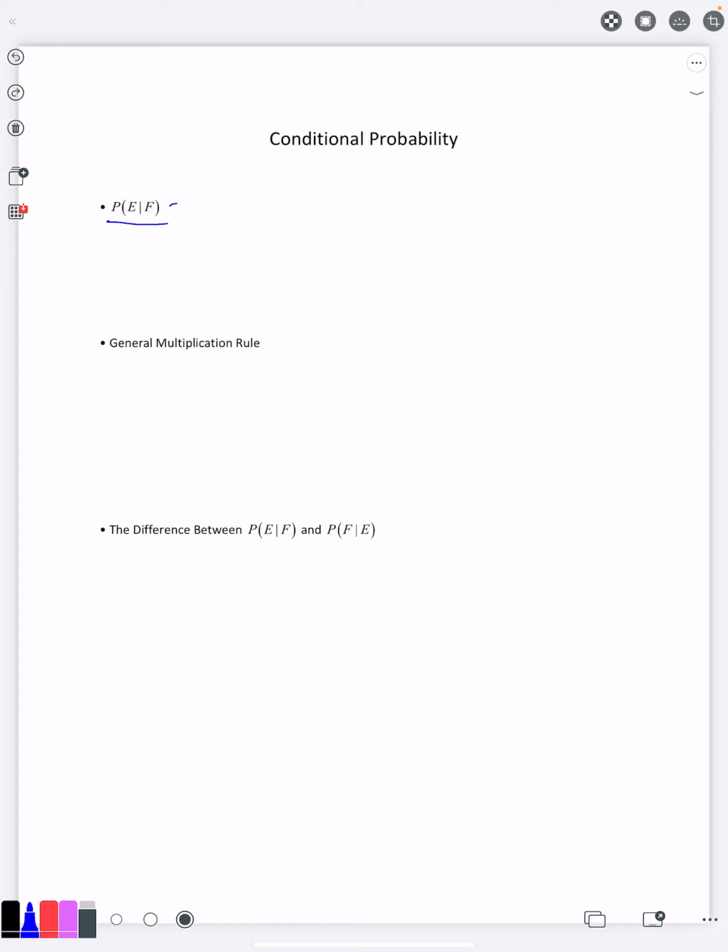What this means is the probability that E will happen, and then we say given F. Of course, what does that even mean? So that means we somehow know the event F is going to be true.